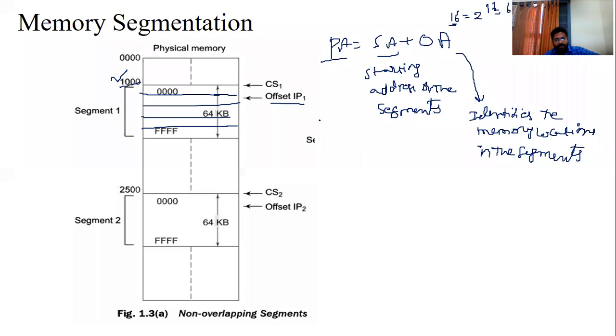This way, the 8086 microprocessor identifies the total memory. The segment address only identifies the starting address.